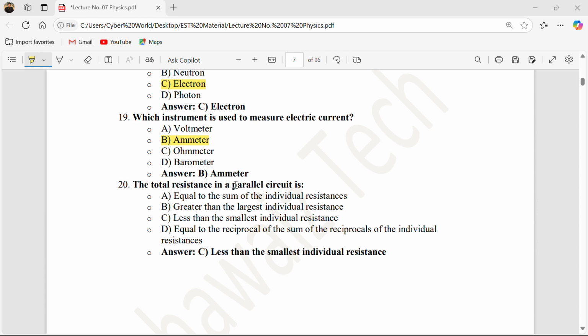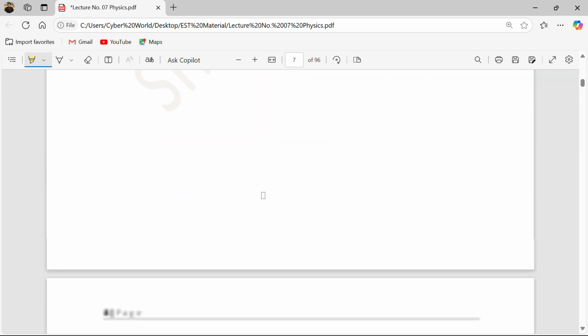But in case of series, your total resistance is greater than the individual resistance. So keep this in mind: when you connect your resistors in parallel, the total resistance is always less than the smallest individual resistance. So that's all for this chapter.